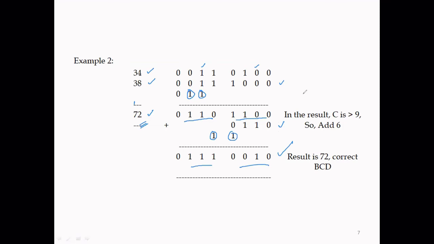That means the conclusion: when you add two BCD numbers, the result should be BCD, meaning all the digits should be less than or equal to 9. Unfortunately, we may get more than 9, like A, B, C, D, E, F. So if it is greater than 9, it automatically adds 6 to correct the BCD. Let us see one more case where we add 6.